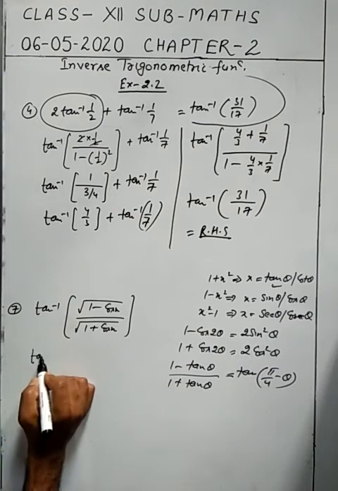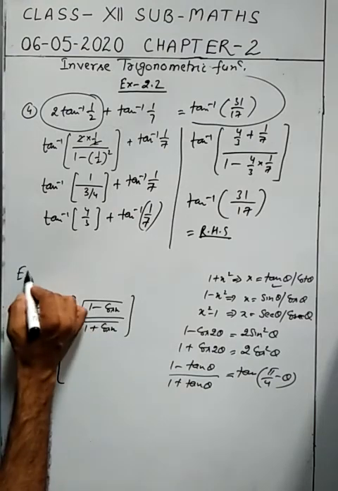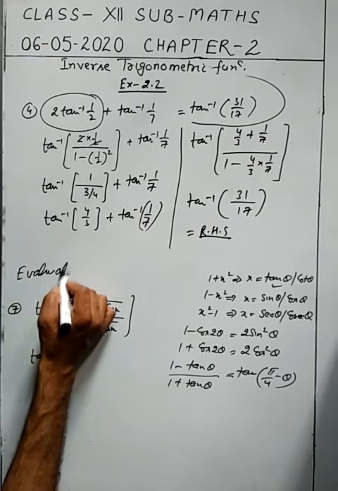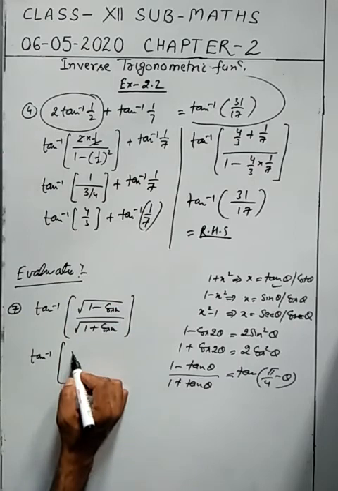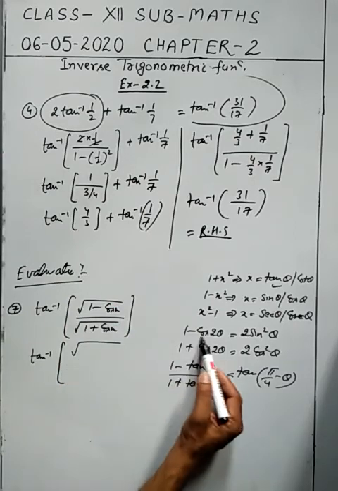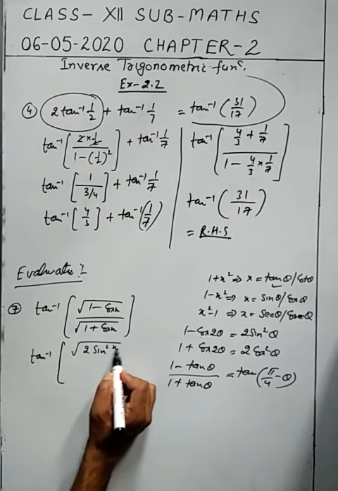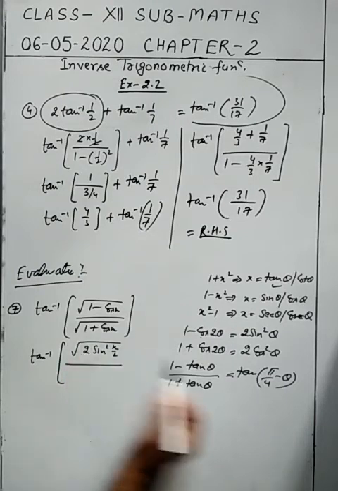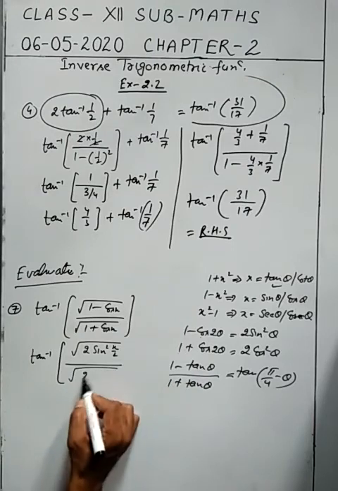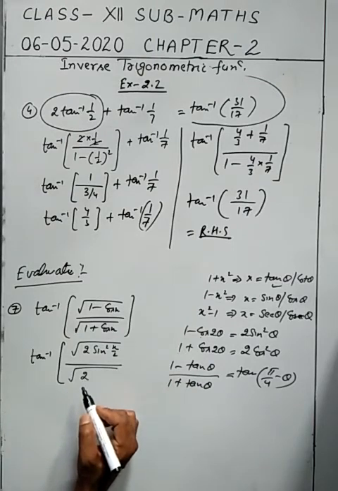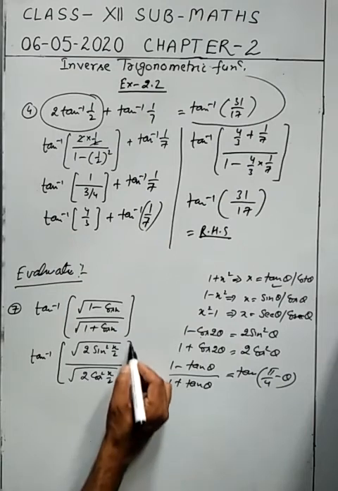This is tan inverse. We have to evaluate what value comes out here. 1 minus cos x is 2 sine square x by 2, and 1 plus cos x is 2 cos square x by 2, all under root.